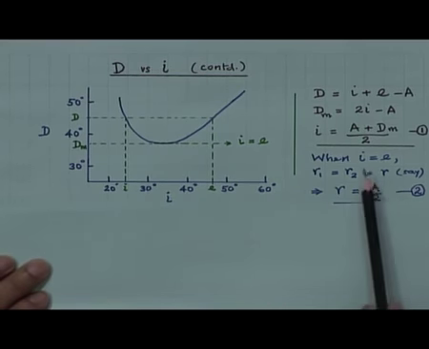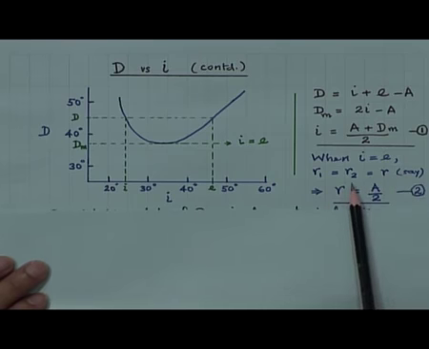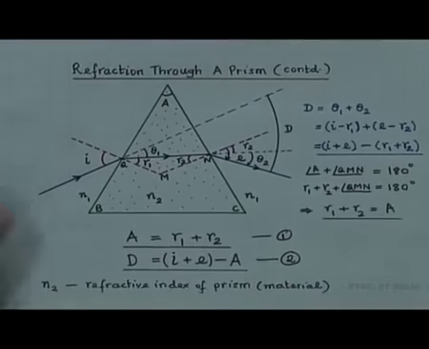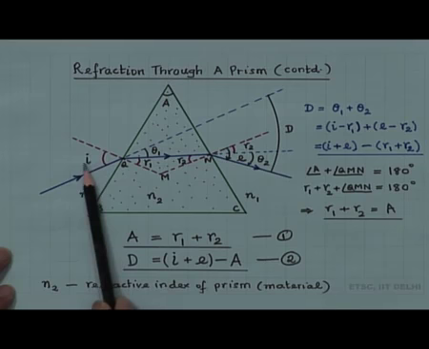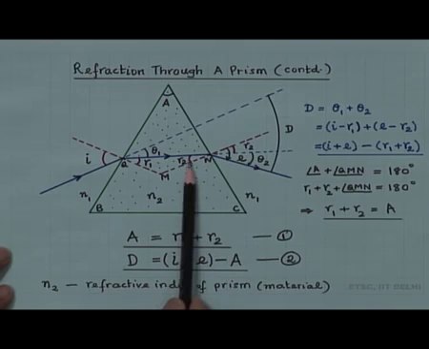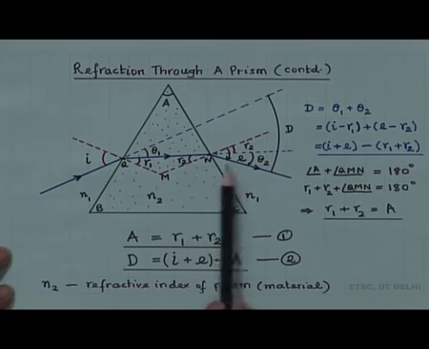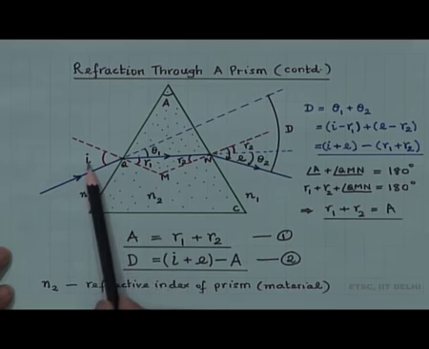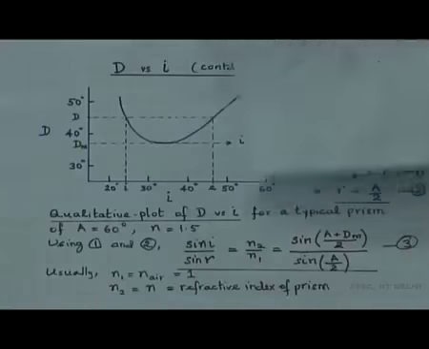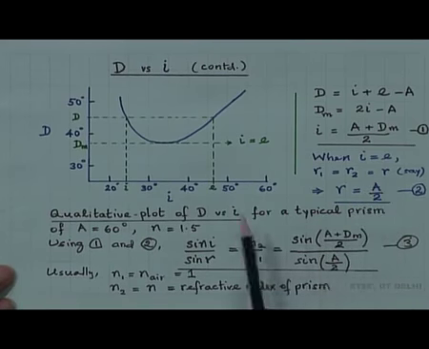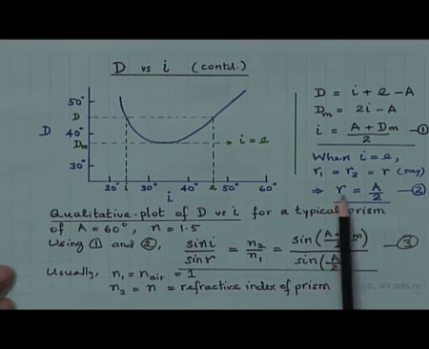Now let us look at when I is equal to E, R1 is equal to R2 is equal to R. If we look at the diagram here, when I is equal to E, an angle of incidence I gives an angle of refraction R1, then an angle of incidence from this side which is E will also give the same angle of refraction R2 which is equal to R1, because the refractive indices are the same, N1 and N2, and therefore, R1 must be equal to R2 if I is equal to E. So, at the angle of minimum deviation, we have R1 equal to R2 and we call it R, and therefore, from R1 plus R2 equal to A, we have R equal to A by 2.